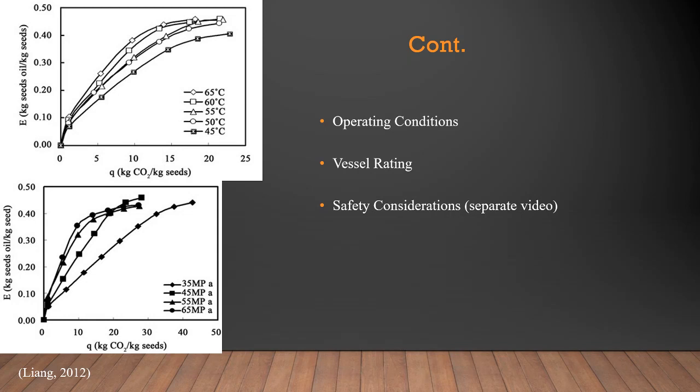And the feed ratio is very important in your operating conditions and the product that you receive. Also, the vessel rating is important, especially for safety considerations. You don't want anything blowing up, and you want your vessel under high stress and pressure to be able to handle all that. And the safety considerations will be discussed in a separate video.